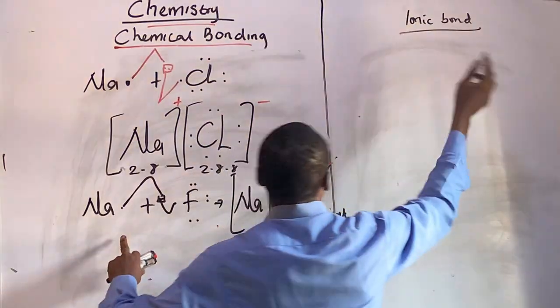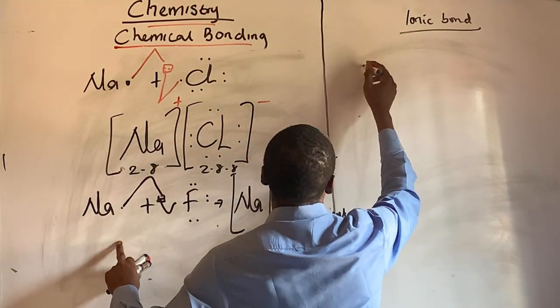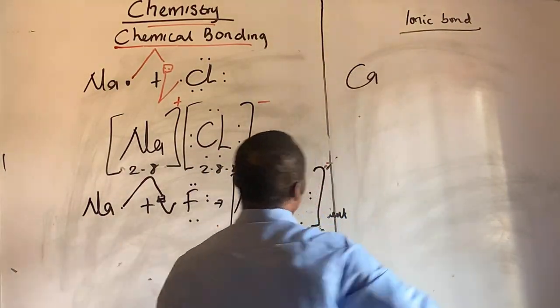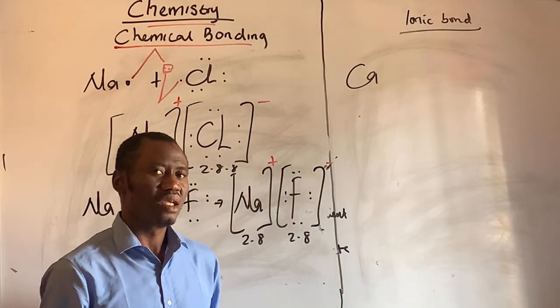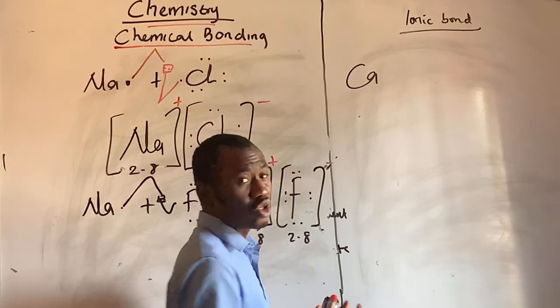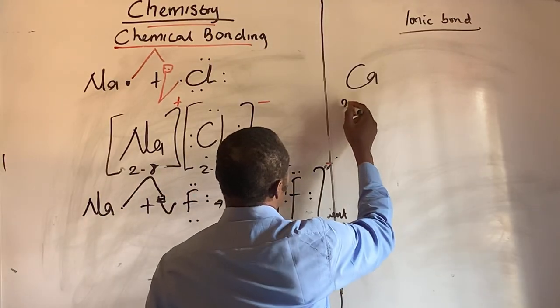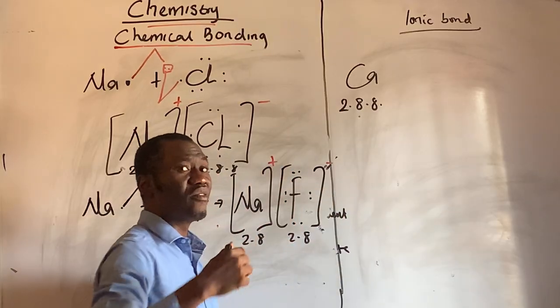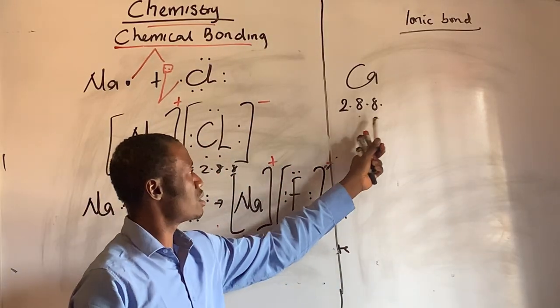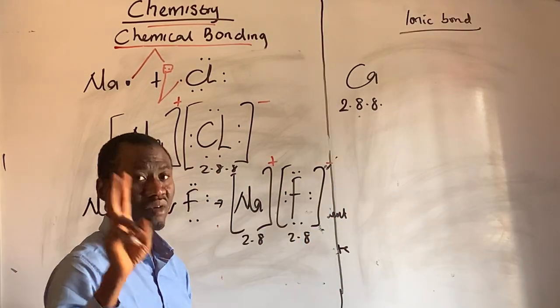Also, let's look at this. We have calcium. Calcium has 2 valence electrons. Calcium is atomic number 20, so it should have 2 valence electrons: 2 8 8, and what is remaining for it to be 20? This is 16, 17, 18, remaining 2.